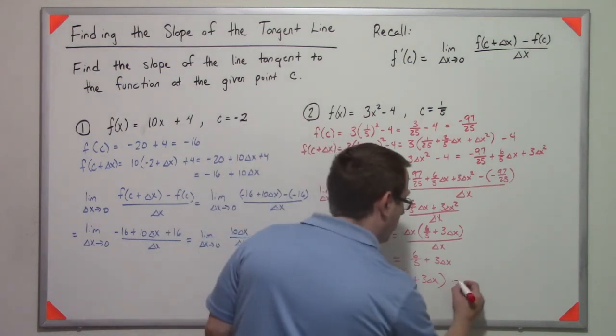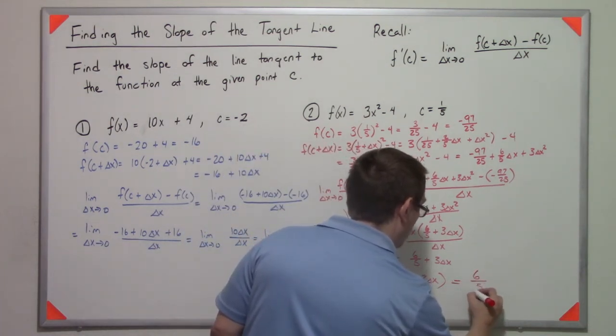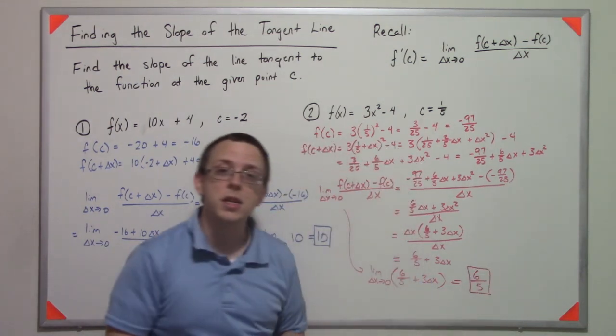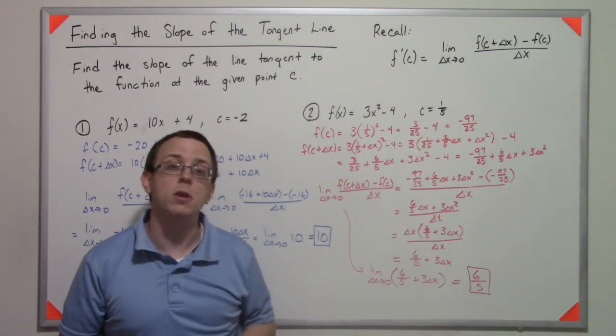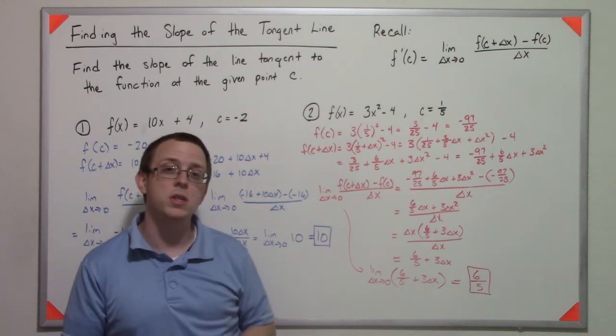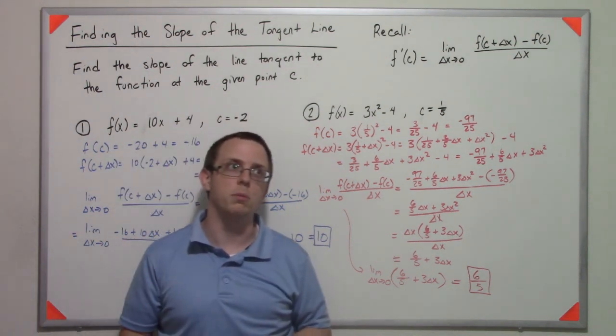So that tells me that my answer is 6/5. Now what you'll find for this one is that the c value matters a lot. At c equals 1, the value was 6. At c equals 2, the value is going to be 12.